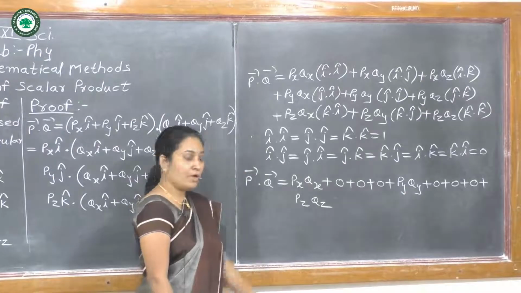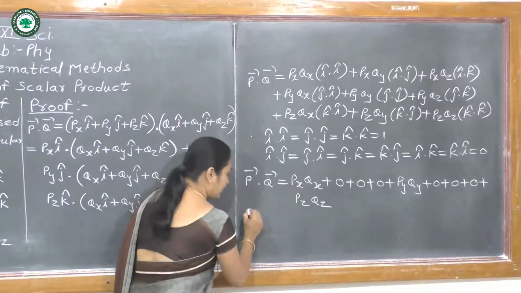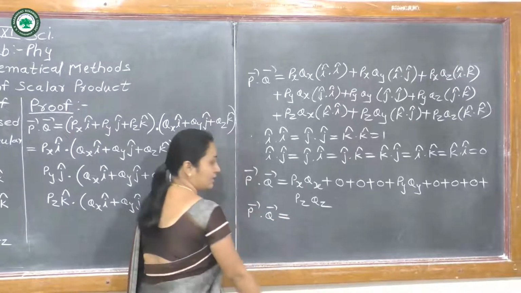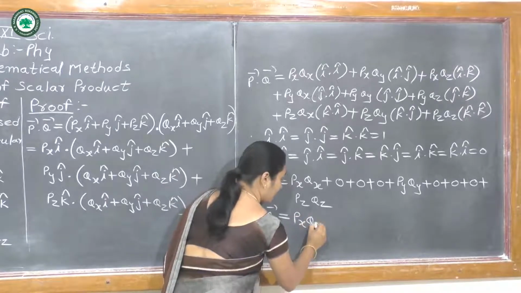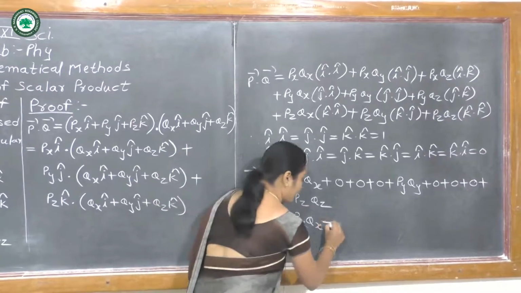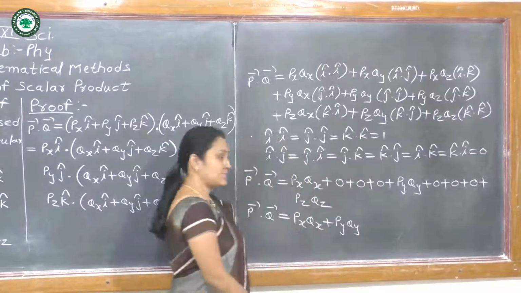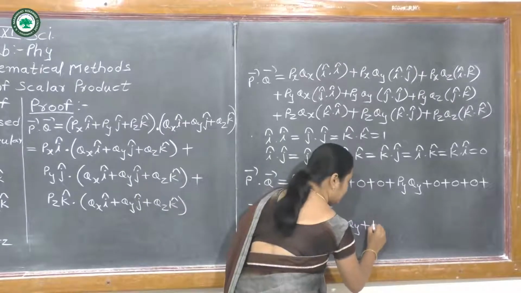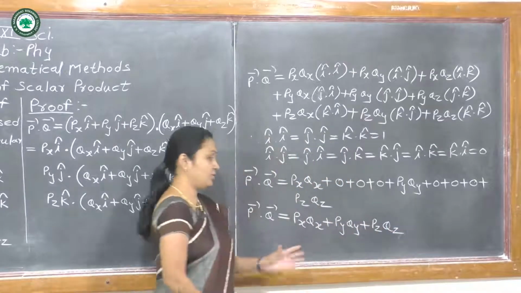Now we will simplify this equation. So p bar dot q bar is equal to Px Qx plus Py Qy plus Pz Qz.